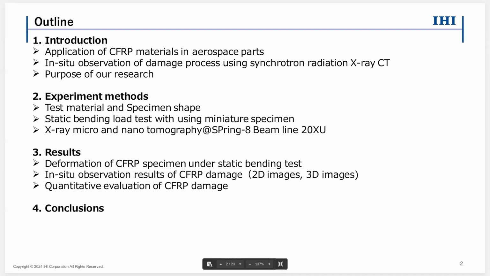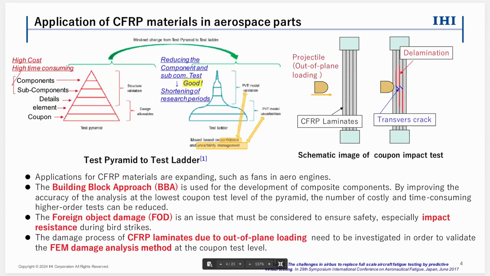So first, introduction. The application for CFRP materials is expanding, such as a fan in aero engines. The building block approach is used for the development of composite components. This is a schematic image of BBA.